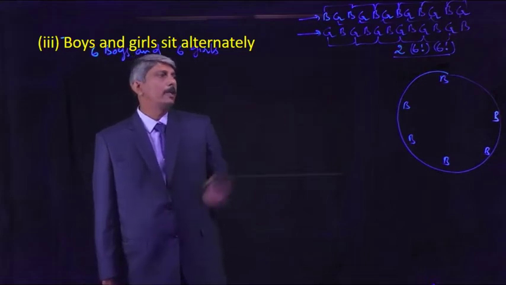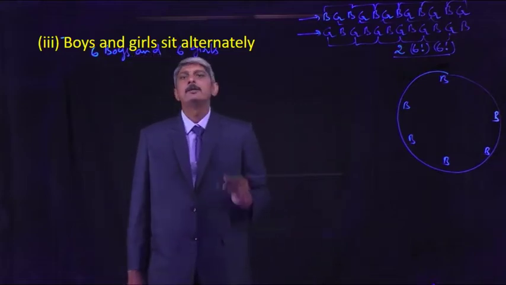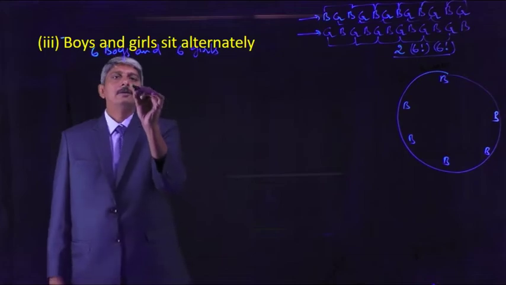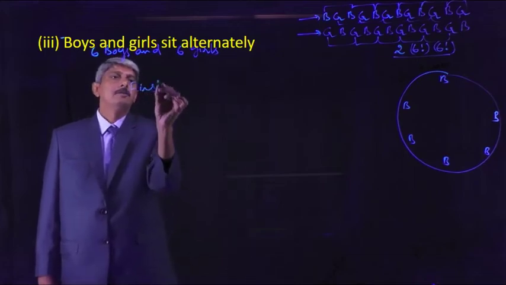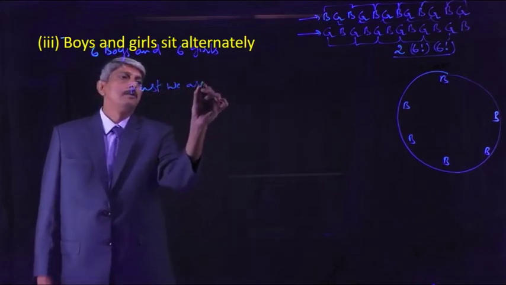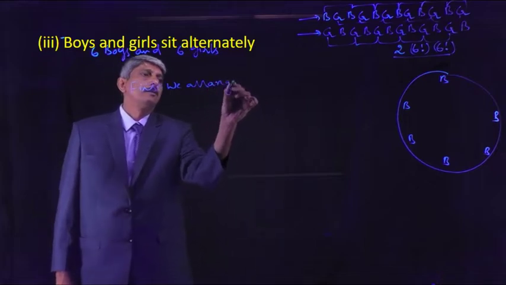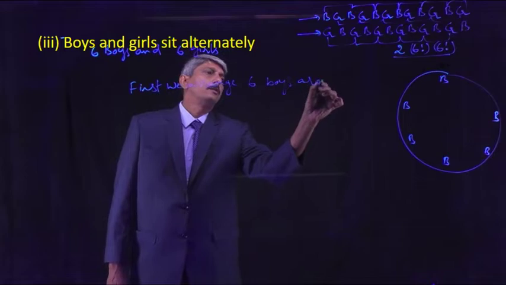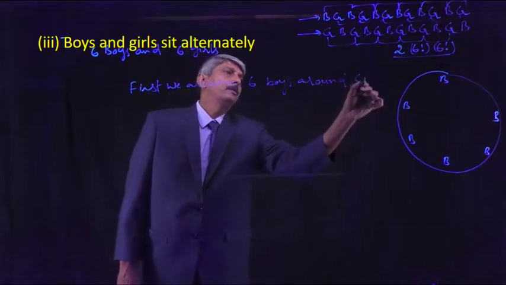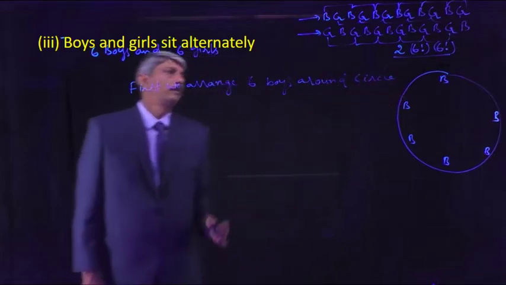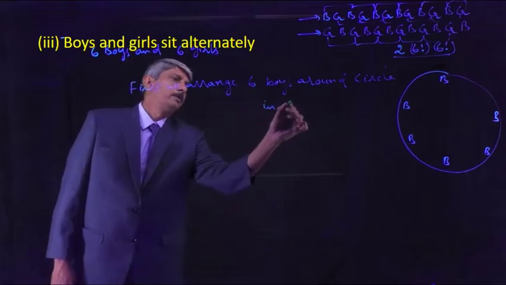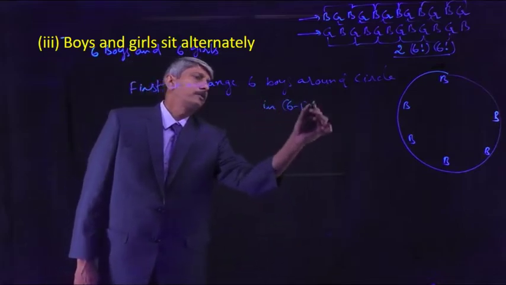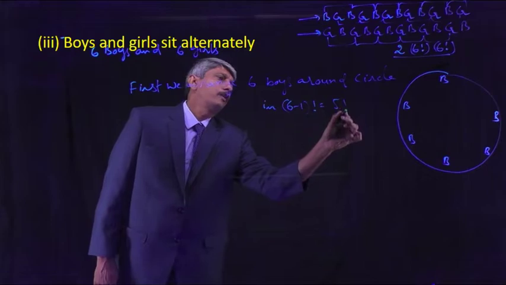So first we arrange 6 boys around a circle in 6 minus 1 factorial, so that is equal to 5 factorial ways.